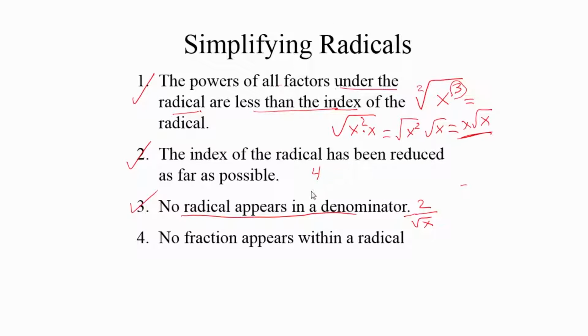You multiply both numerator and denominator by that radical. So you multiply by square root of x divided by square root of x. When you multiply square root of x by square root of x in the denominator, you get x. You multiply 2 times the square root of x, you get 2 square root of x. Now it is done. Now there is no radical in the denominator. This one satisfies 1, 2, 3, all of them.